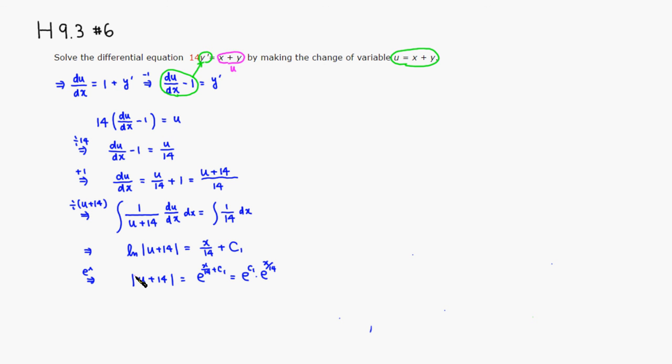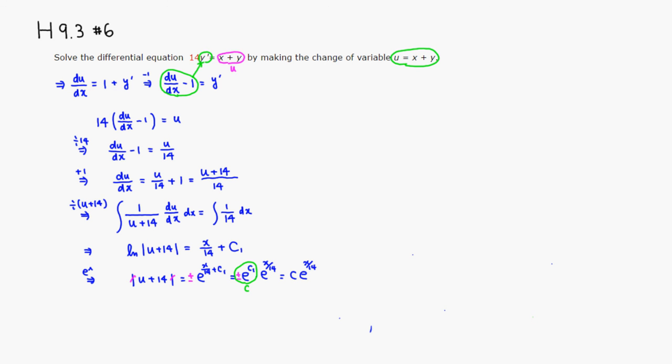I'm going to take off the absolute value sign by putting a plus or minus there. Since plus or minus e to the c1 is just going to be a constant, I'm going to use c for that. So this is simply c times e to the x over 14.